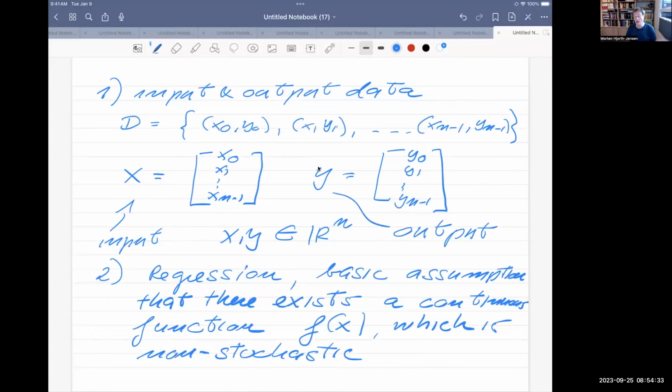Or you're making a medical survey and you're registering the date of birth of different patients. This is a pretty well-determined quantity. So a basic assumption here is that we have an input x which is non-stochastic, and that this f of x is a non-stochastic function.